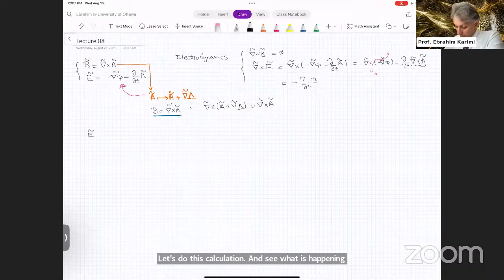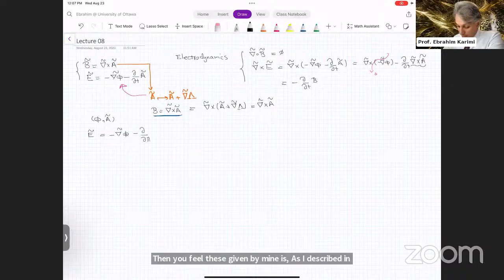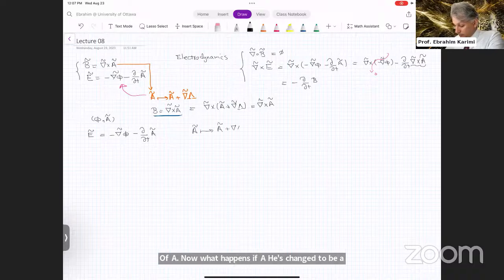If you have phi and A, then the electric field is given by minus gradient of phi minus the time derivative of A. Now, what happens if A is changed to A plus gradient of lambda?